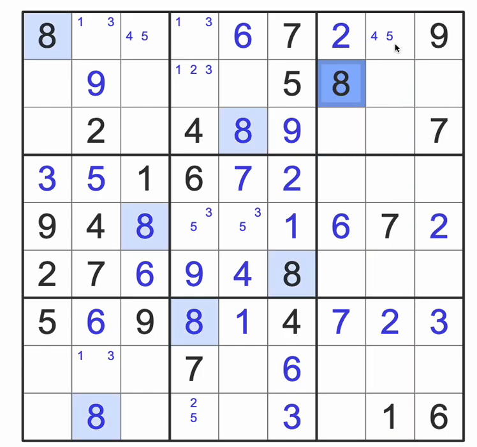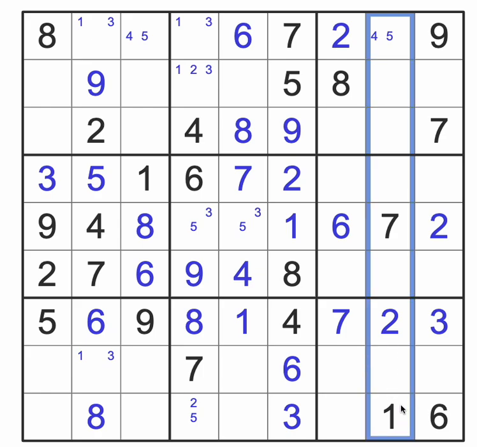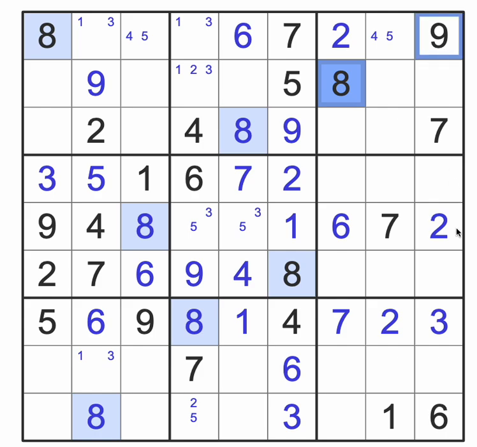So this column only has 1 to 7, and in box 3 I have 8 and 9, which means 8 and 9 cannot be placed in these 3 cells, and I also have 8 and 9 here, so this cell cannot be 8 or 9 either.